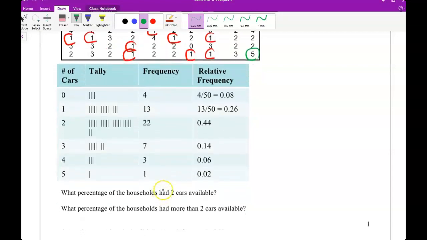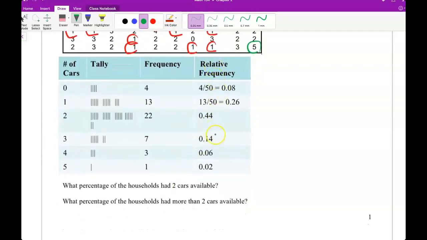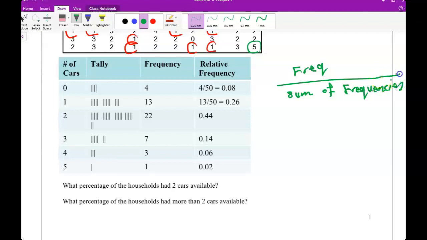Okay, then after that, since we want to find relative frequency, we already have the information here, and you can see that each one should be divided by the sum of frequencies. So it's frequency divided by the sum of frequencies. This is relative frequency.